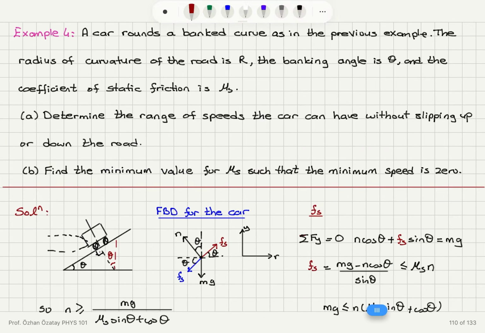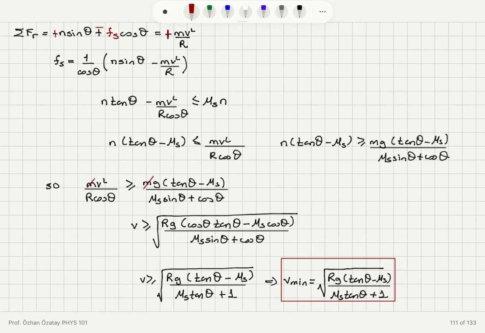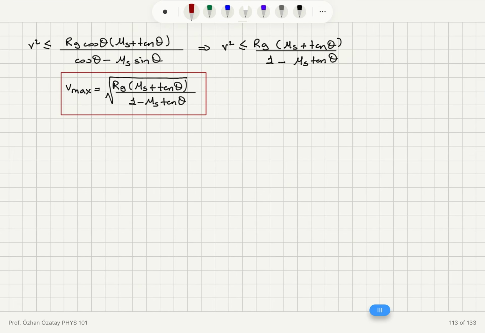Okay, so this completes my answer to part A of the problem, which is determining the range of speeds the car can have. I have found a minimum speed and a maximum speed. Now in part B, the problem asks me to have a minimum speed of 0 and to find the mu s that will satisfy this condition. Now the minimum speed was the square root of rg (tangent theta minus mu s) divided by (1 plus mu s tangent theta).